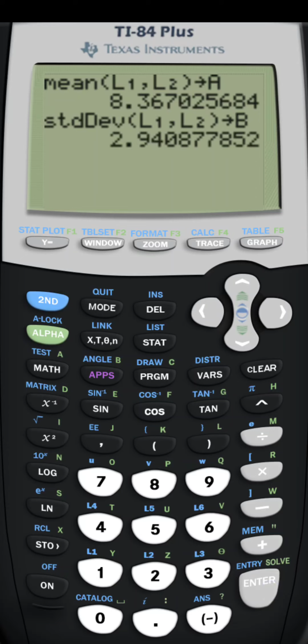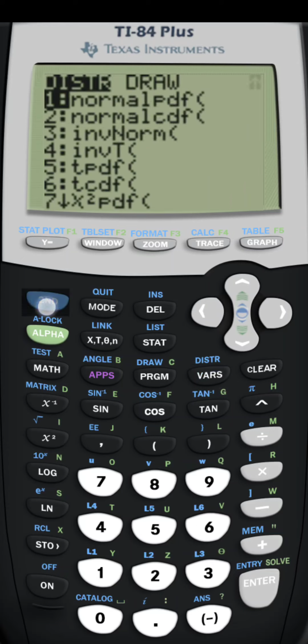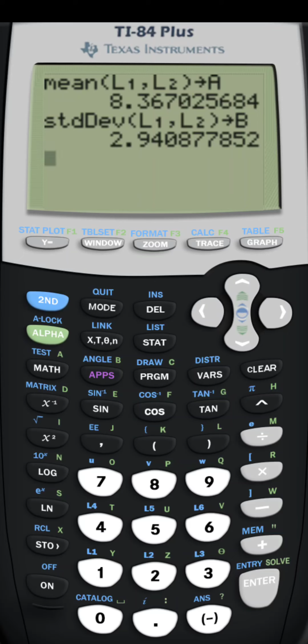So the idea with the second part of this classwork is we can model this sample distribution with its ideal population distribution using the shade norm function. So what we're going to do is hit distr. Actually, we're missing a step. Sorry.